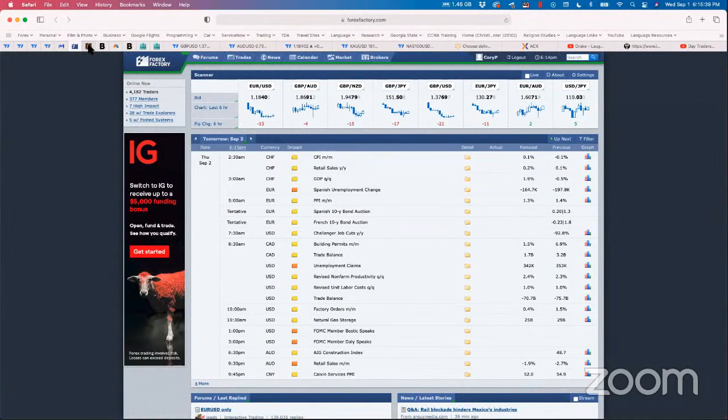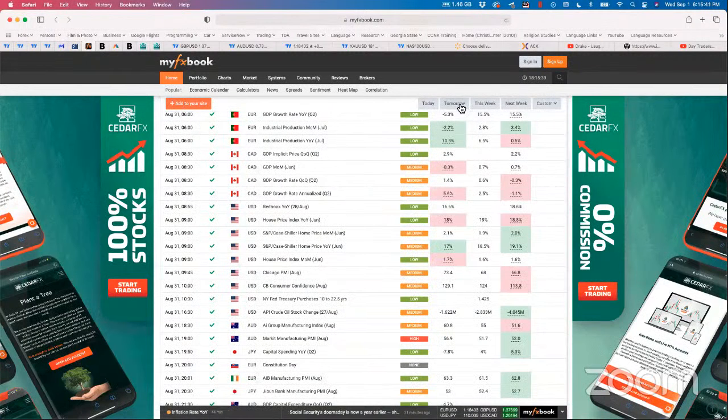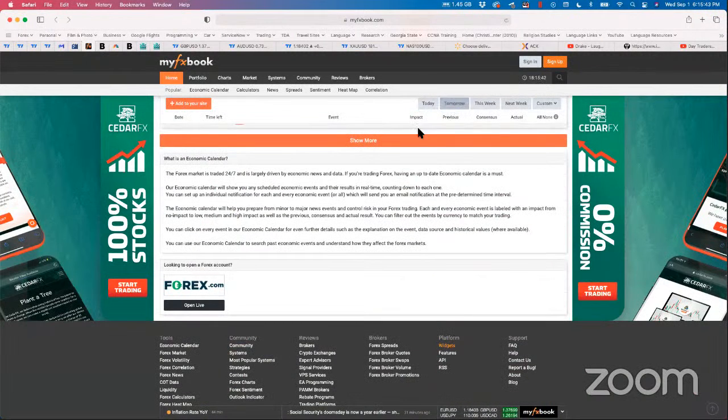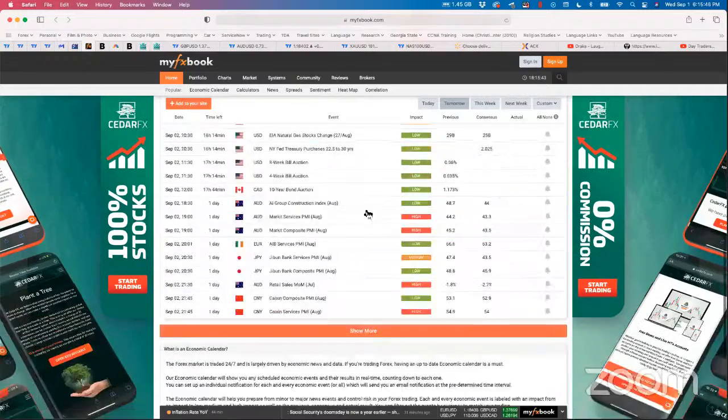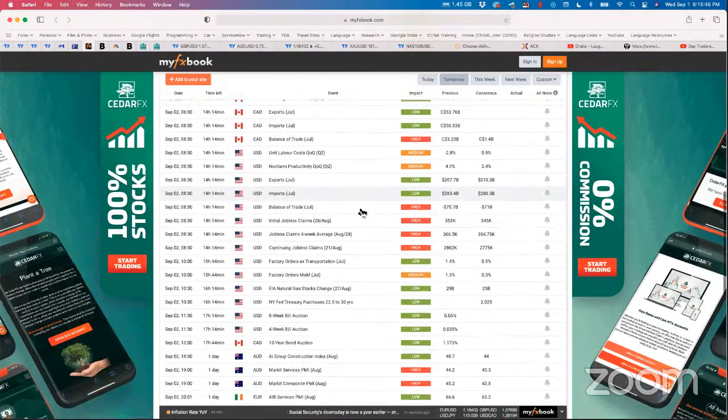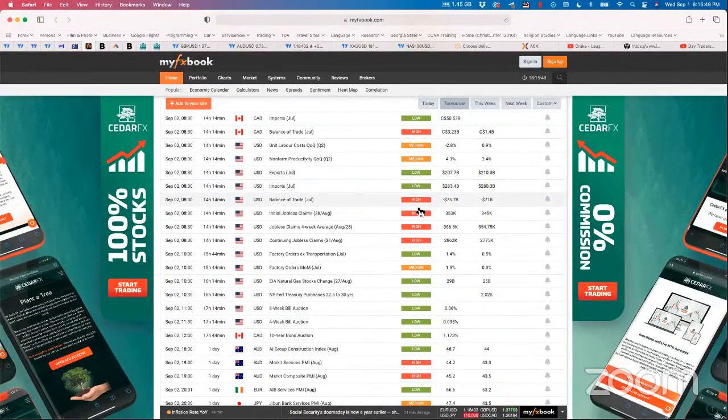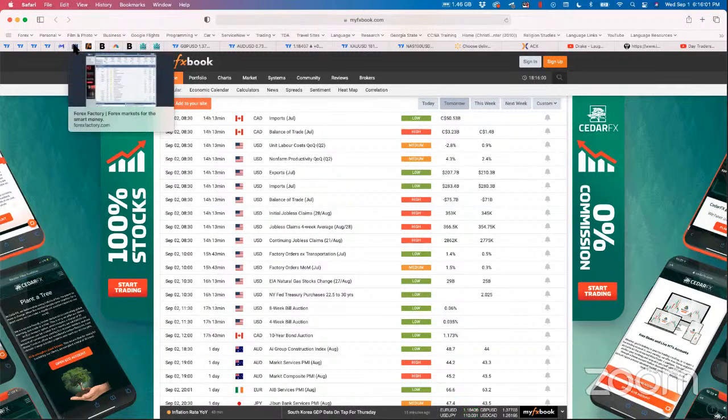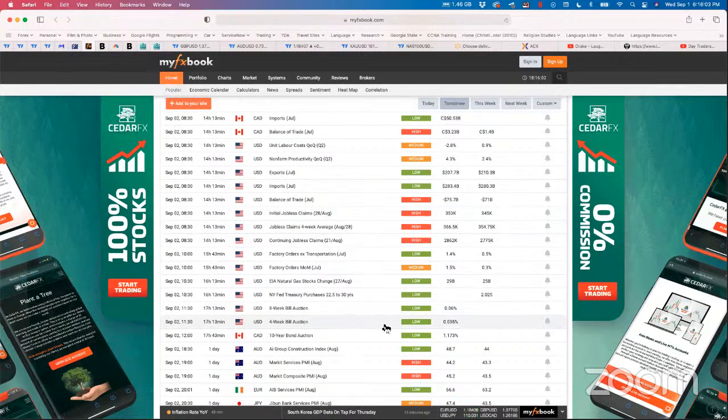That's why I always check both of these, because that should be higher than that. So over here, look, trade balance is high. Initial jobless claims and continuing jobless claims, all this is high. This is even medium as compared to Forex Factory. So that's why I always check both of them.